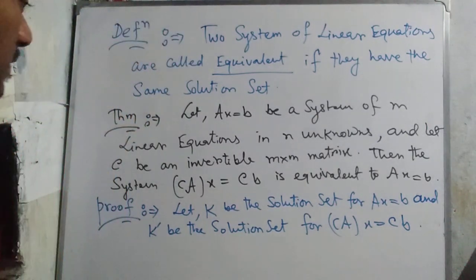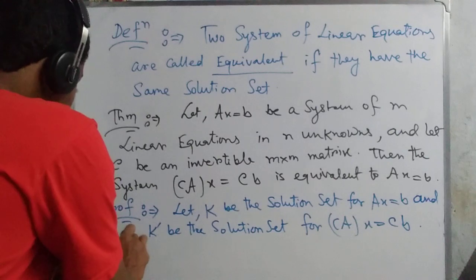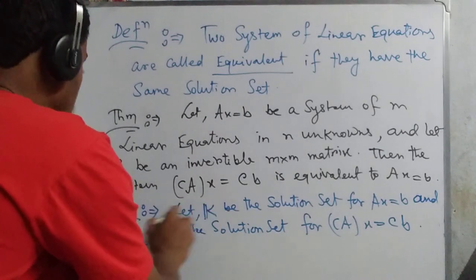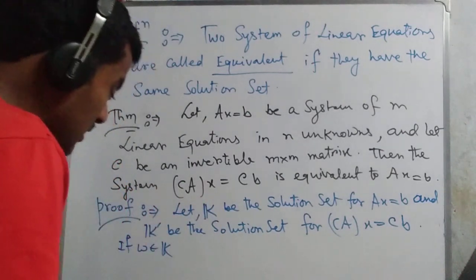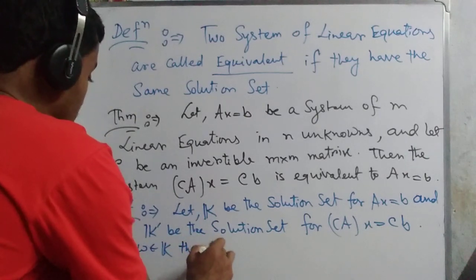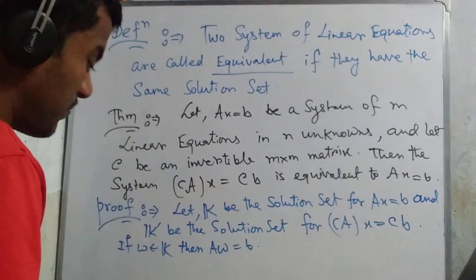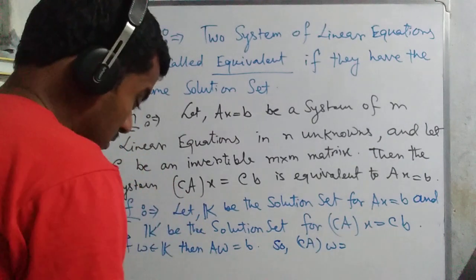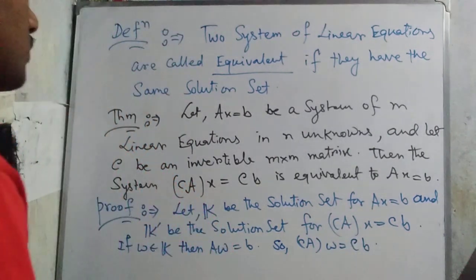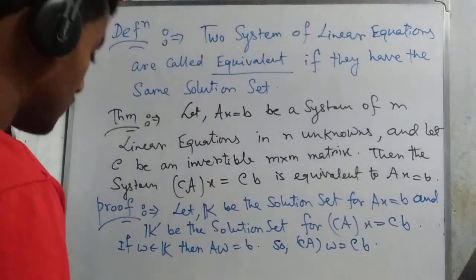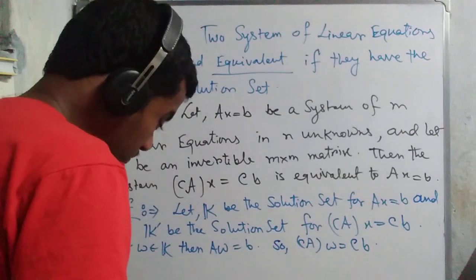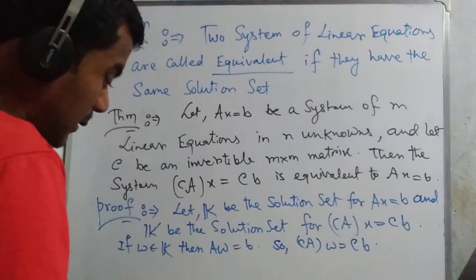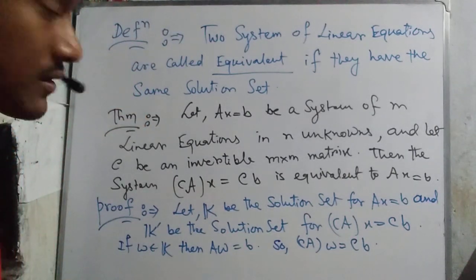Then if W belongs to K, then AW equal to B. So CAW equal to CB. Understood? Hence W belongs to K dash.